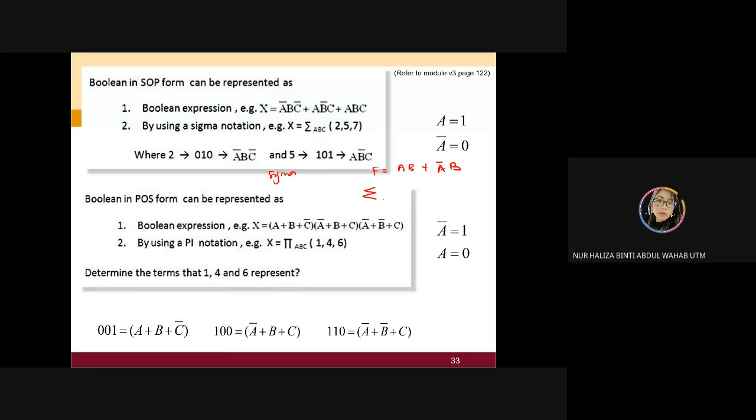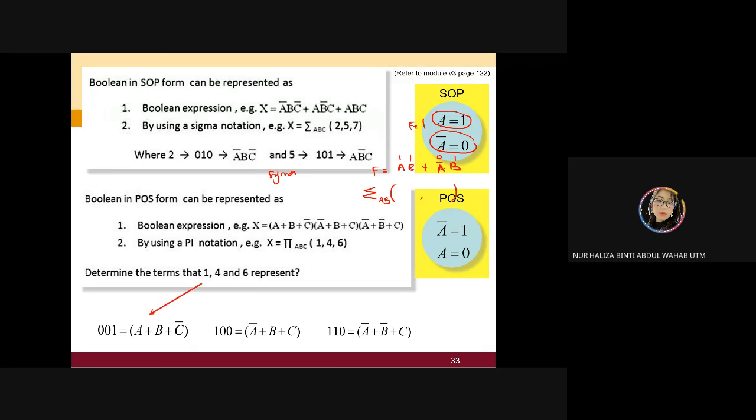You can see there are only 2 variables, A and B. Now you need to know the value for this Boolean expression. Here will be 1, 1. This one will be 0, 1. Where do I get these values? Remember back: for SOP, A equal to 1, A bar will be 0, F will be 1.